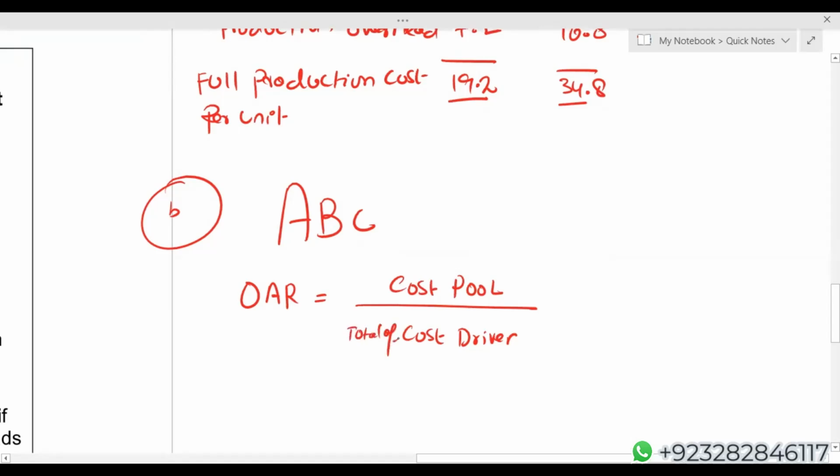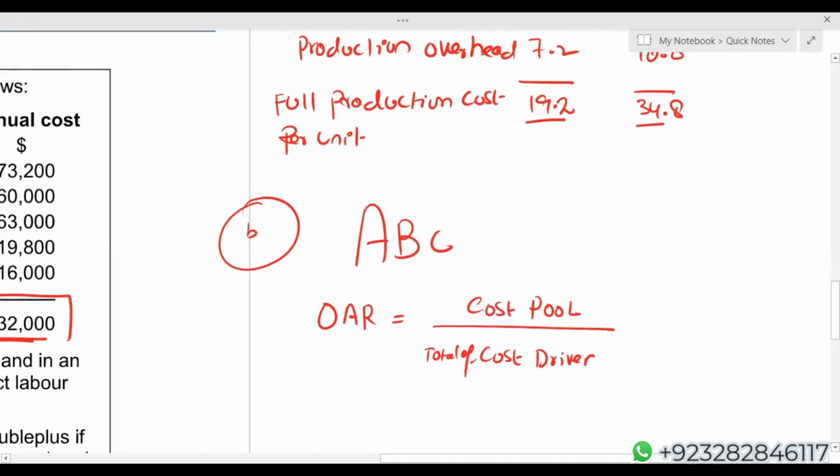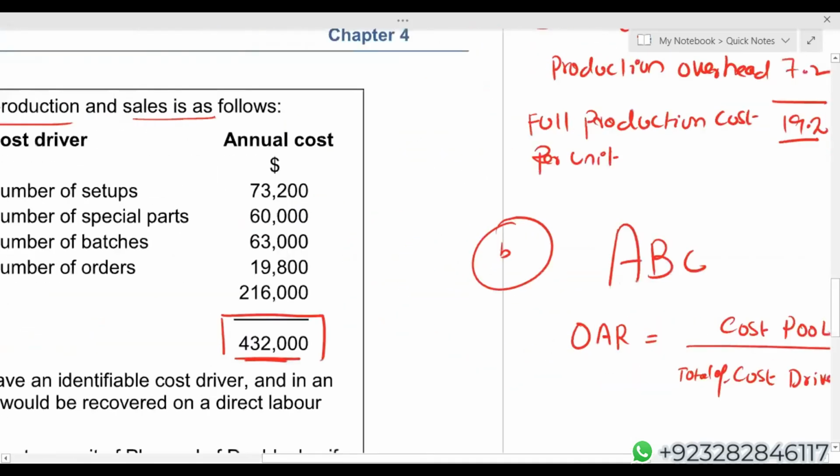For example, if the cost pool is inspection cost, the total inspection cost comes in the numerator and the total number of inspections comes in the denominator.